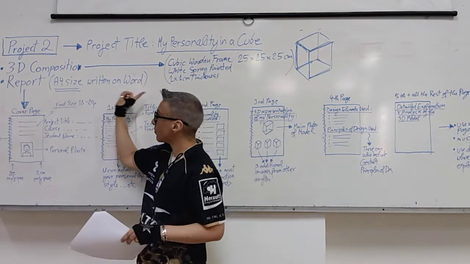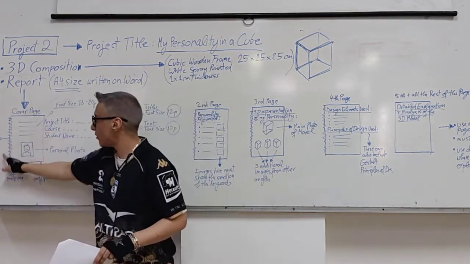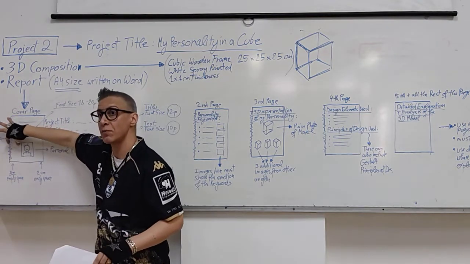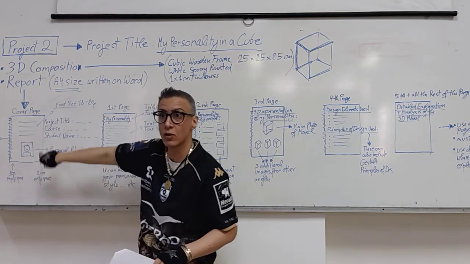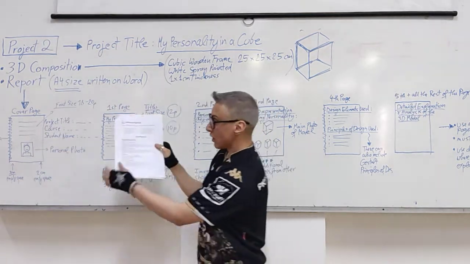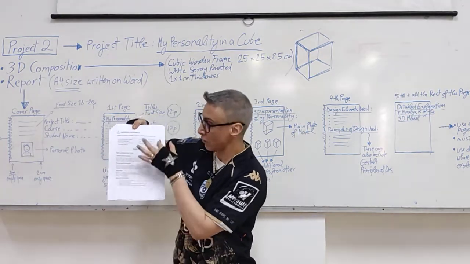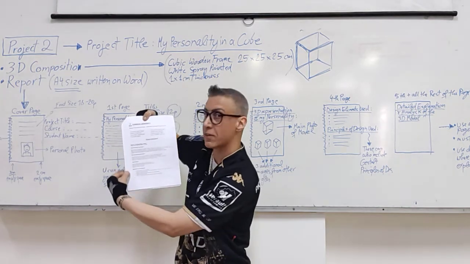So, on Word, it must be A4 size, and very important, the pages from here must have 3 centimeter empty space, from here 2 centimeter empty space, okay? Look, for example, this sheet, from here I have empty space, and from here empty space. From here I need more empty space because here will be the binding.